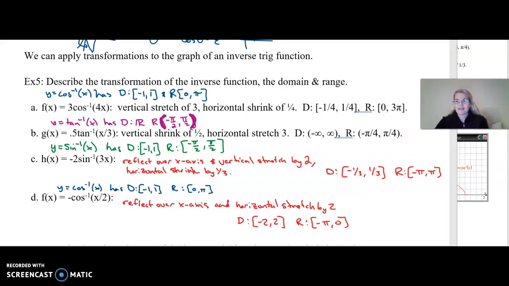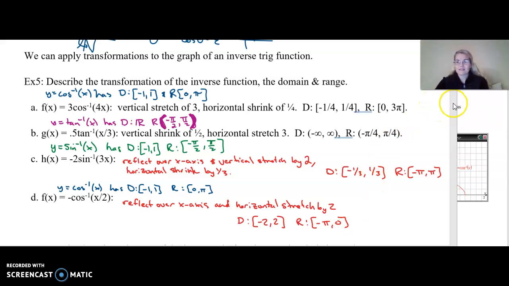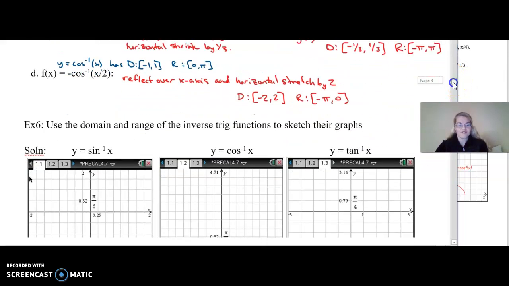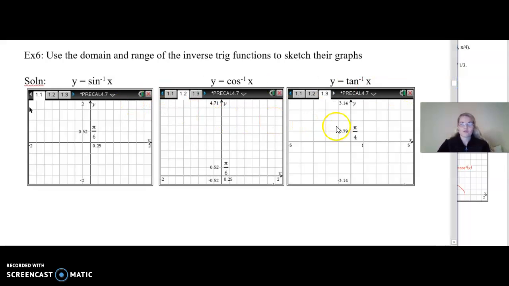All right, so again, let's actually look at a graph, and let's graph these inverse trig functions, right? So use the domain and range of the inverse trig functions to sketch their graphs. So again, sine inverse of x. What do we know? This is true if and only if sine of y equals x, where y, again, the range is going to be in between -π/2 and +π/2.